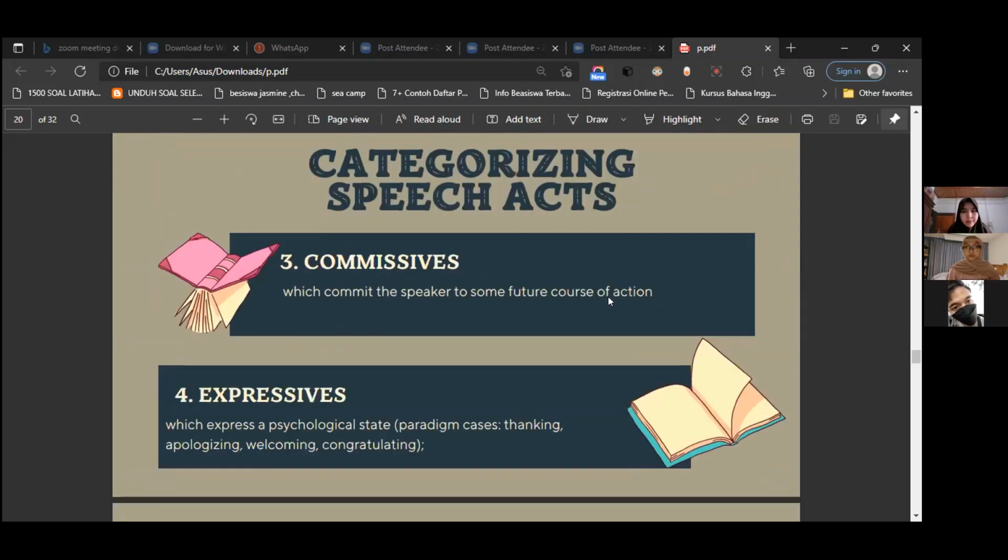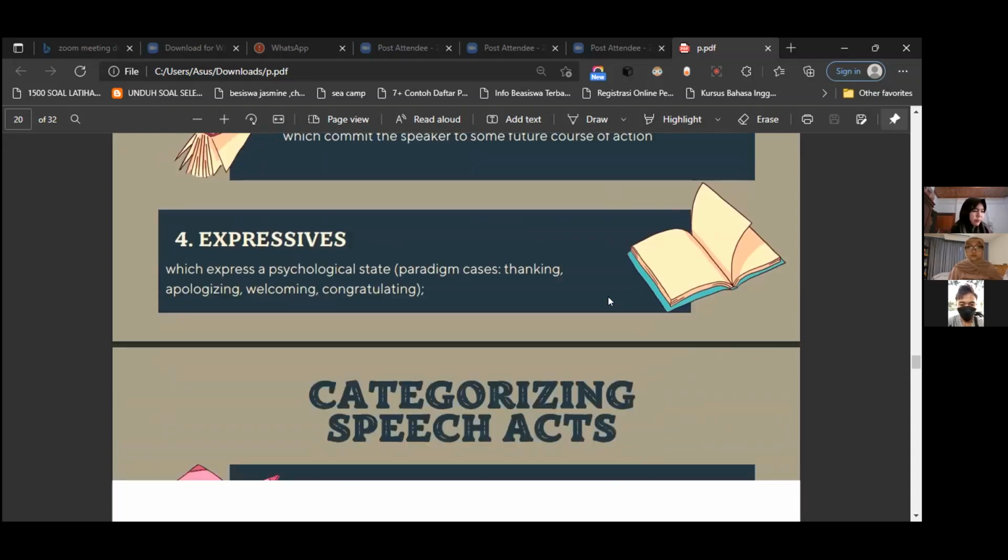And then commissive. Commissive commits the speaker to some future course of action. We can find it in promising, threatening, offering. And then expressive. Expressive expresses a psychological state, such as thanking, apologizing, welcoming, and congratulating.